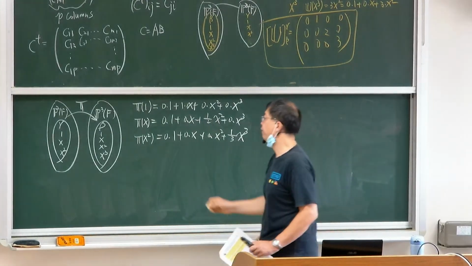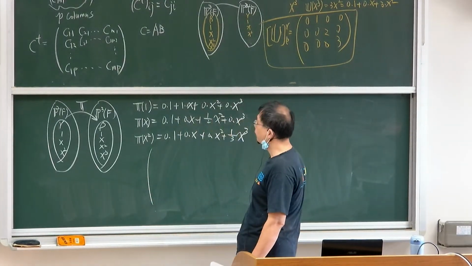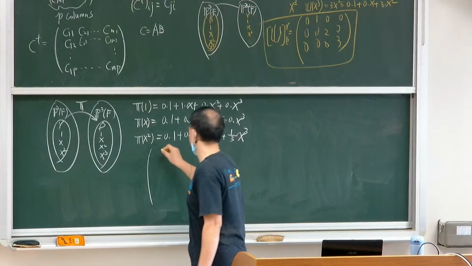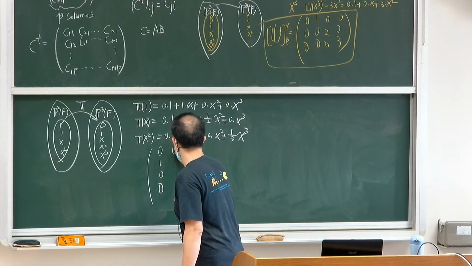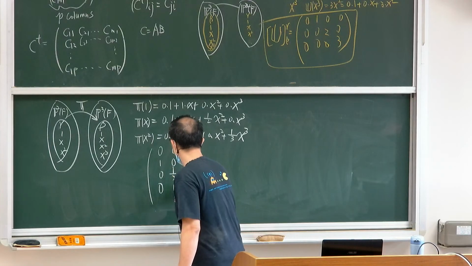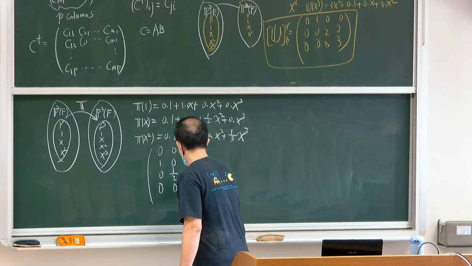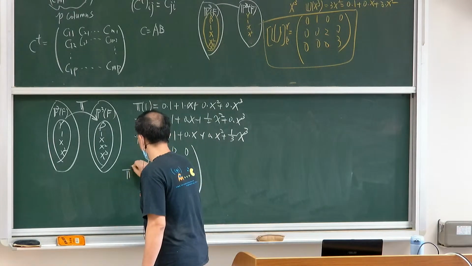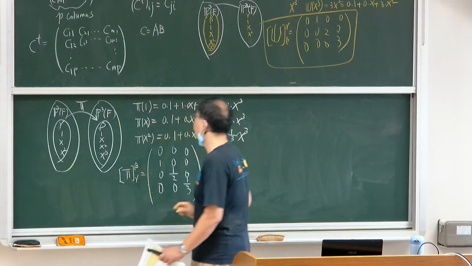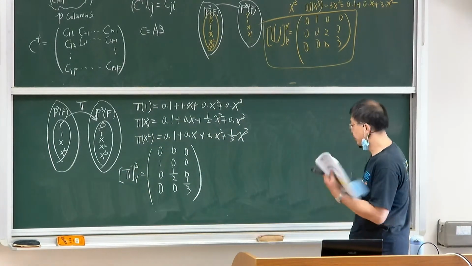So now I have a 4 by 3 matrix: 0, 1, 0, 0, 0, 0, 1/2, 0, 0, 0, 0, 1/3. This is the matrix representation of T from gamma to beta.